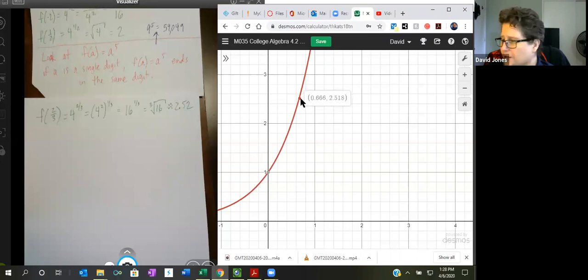There we go. 2.518. And 0.667 is a little bit closer, and it gets to that 2.52-ish. So we can see it doesn't have to be a friendly number. It can be an ending decimal.